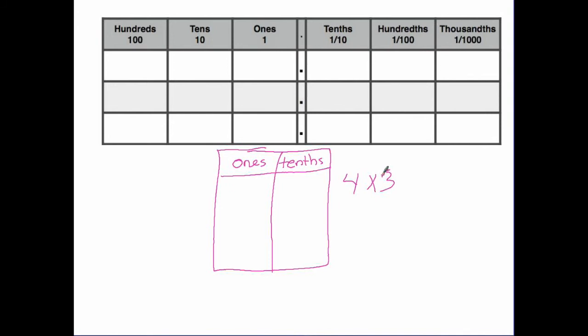It doesn't matter what you can do in your head. They want to see it. Because here's the deal. You can do things in your head now and you think, oh, that's really easy. But then guess what happens? It gets harder. And if you don't know how to do it with the easy numbers because you didn't practice it that way, then you're not going to remember what to do when you get to harder numbers. So 4 times 3/10.